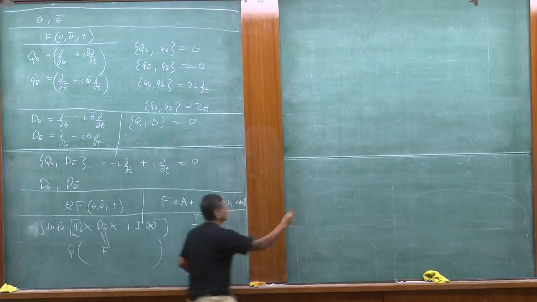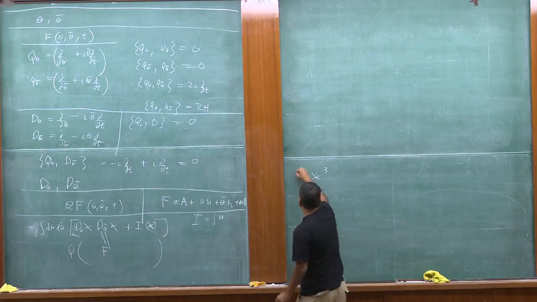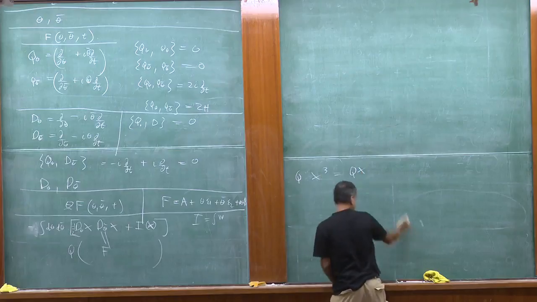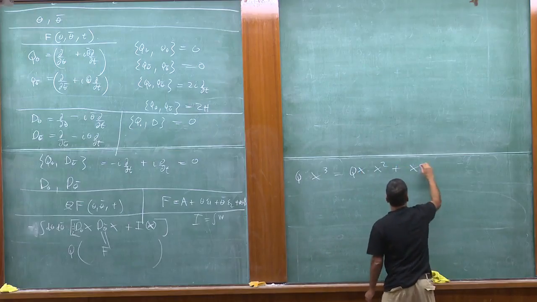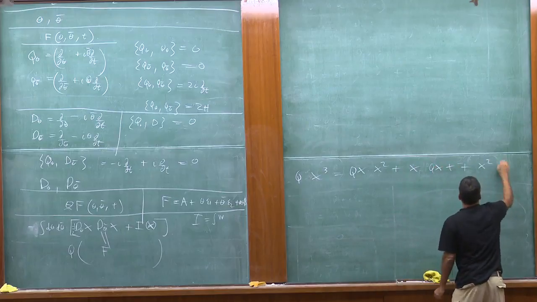For instance, if this was X cubed, q on X cubed is simply qX times X squared plus X qX X plus X squared qX.